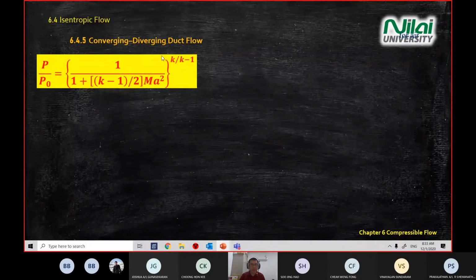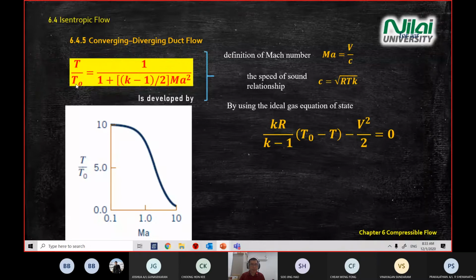The difference is the exponential component. The first equation for today is T divided by T0 equal to something, and we use it when we have a compressible problem, which means your Mach number more than 0.3.